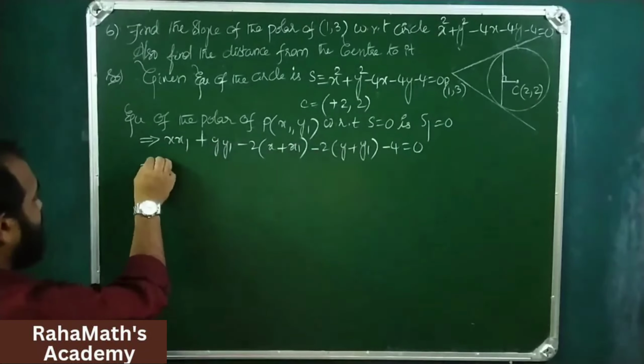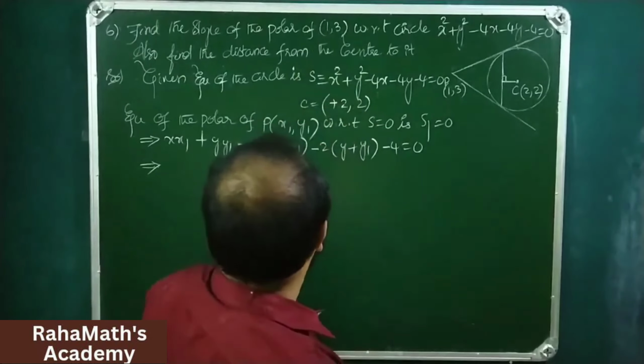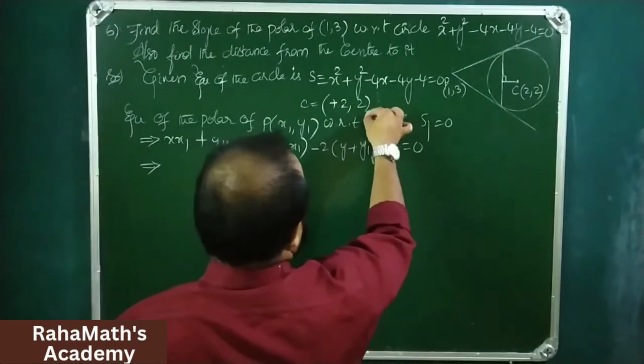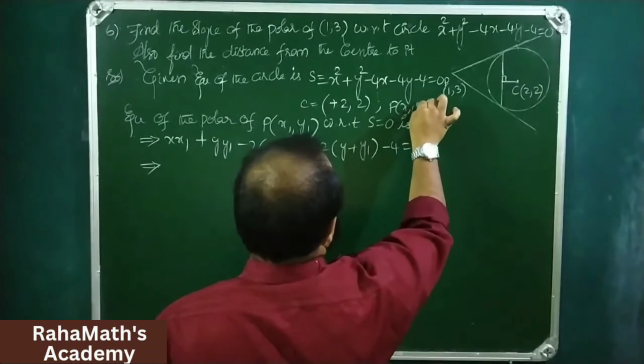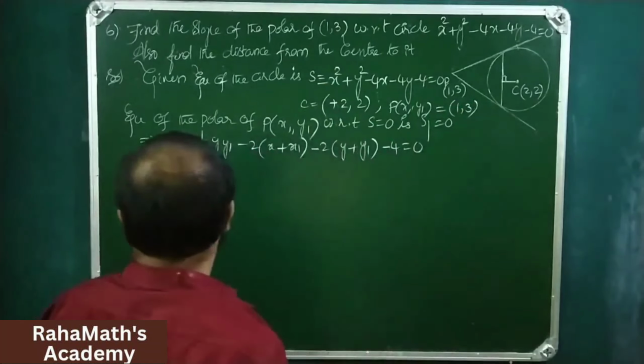This implies, so (x1, y1) value is (1, 3).